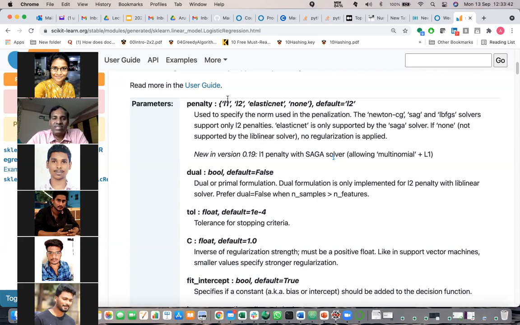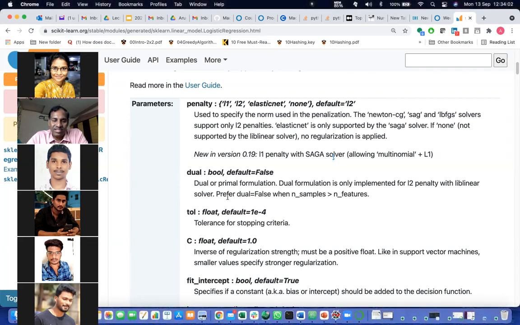So there are different methods. If you take the method Newton CG or SAG, then you cannot take L1. That is what they are saying. If you take other solvers, you can take these options. So this is how you can see how L1, L2 can be applied for regularization.